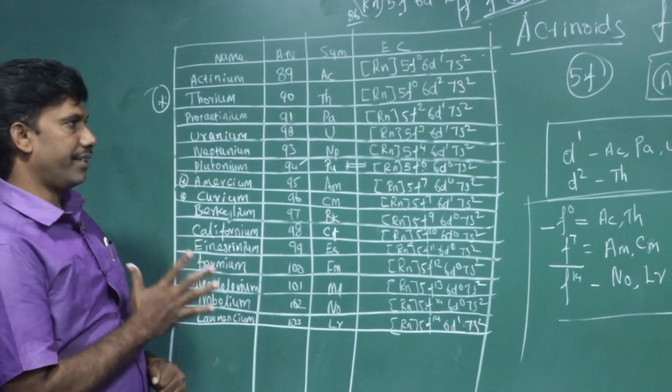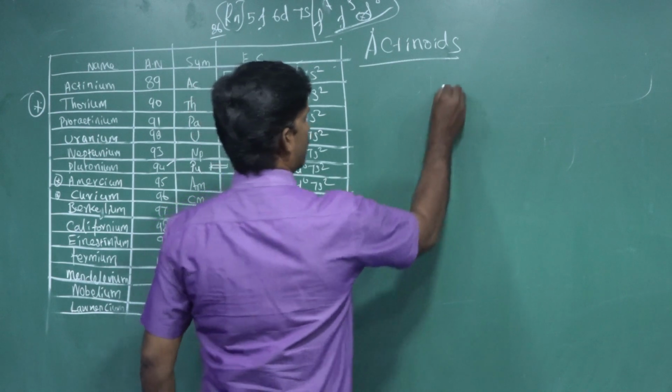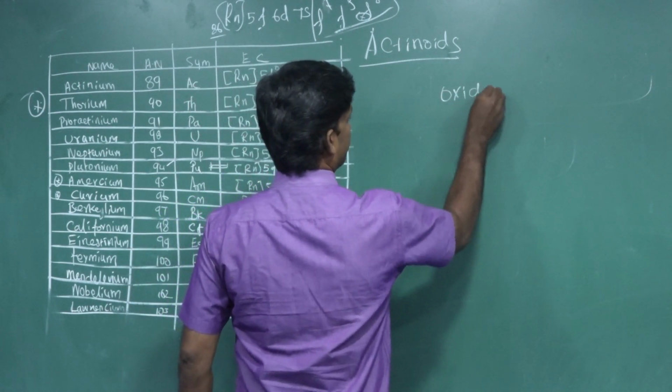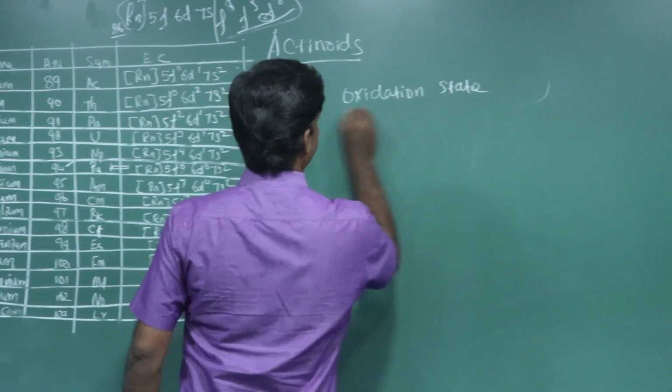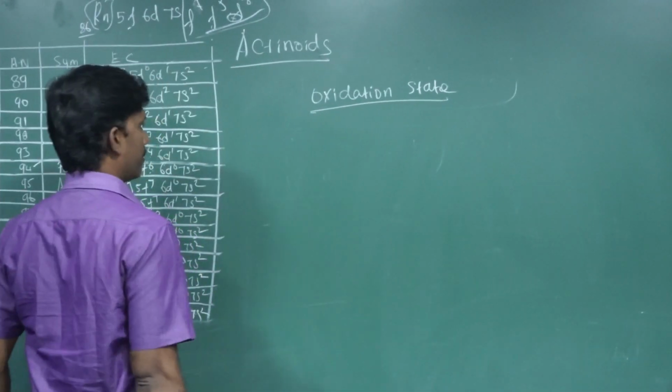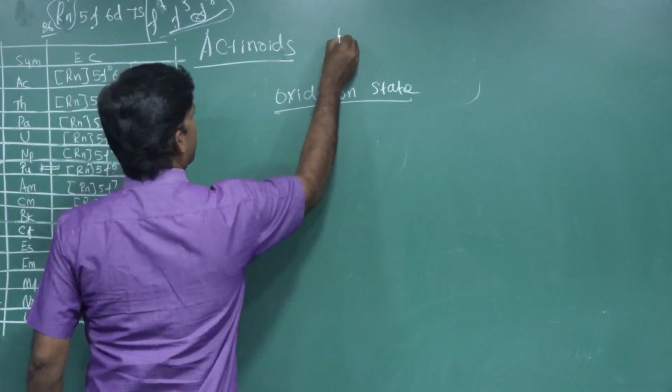Oxidation state of actinides. Variable oxidation states are shown by them, especially +3 is most common.